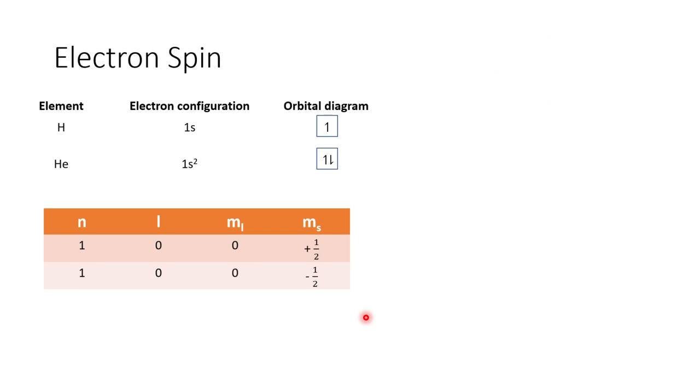So let's take a look at how we can keep track of our electrons. So here we have our element and the configuration, and here's our orbital diagram. And so we have our n, and we have the 2 options. If you have an n of 1, an l of 0, and an m sub l of 0, your only options are plus a half and minus a half.